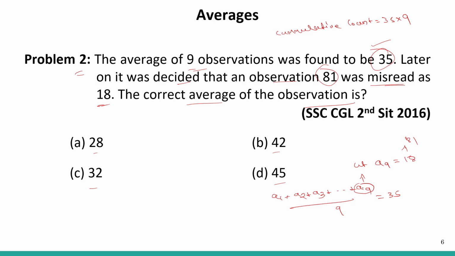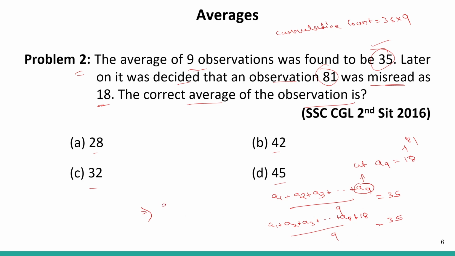So let's add 18 here. A1 plus A2 plus A3 plus dot dot dot plus A8 plus 18, the whole by 9 is equal to 35, was given. So this implies, how much will be the average of the 8 other than that 18?